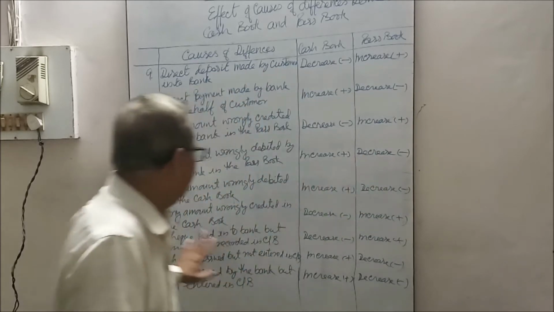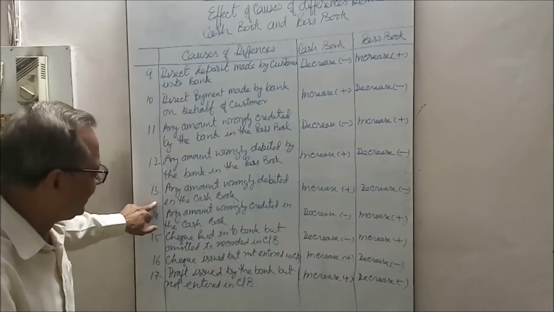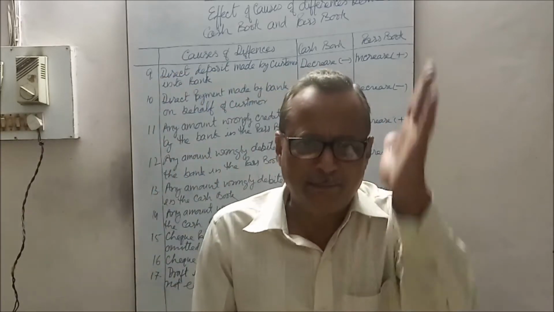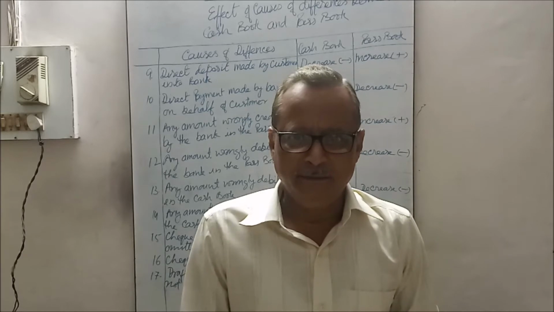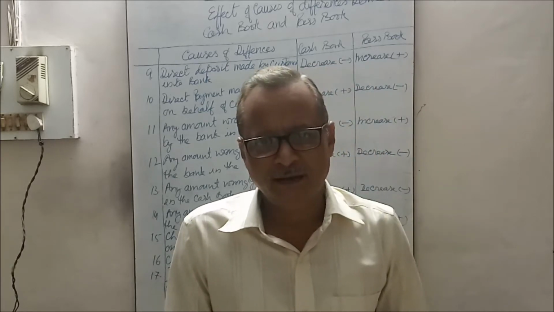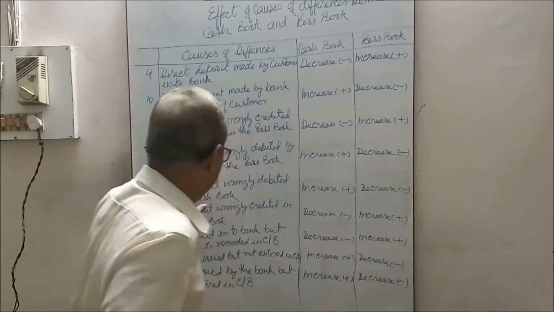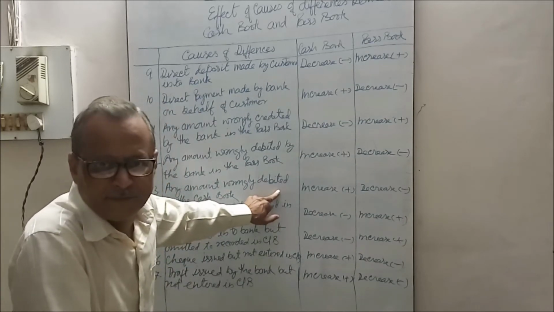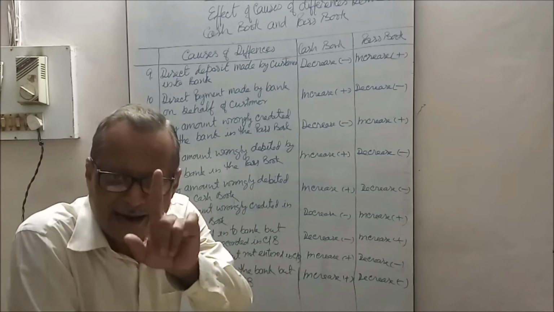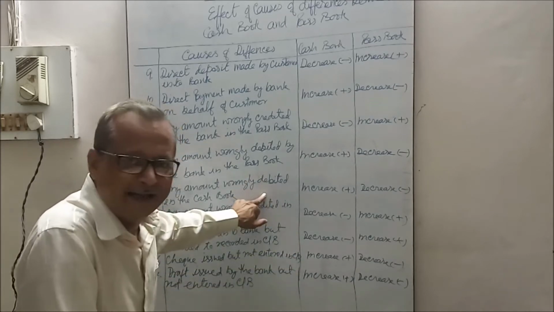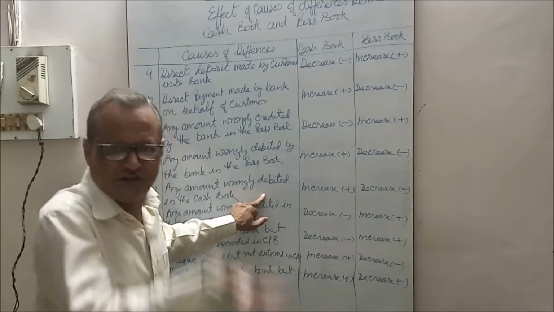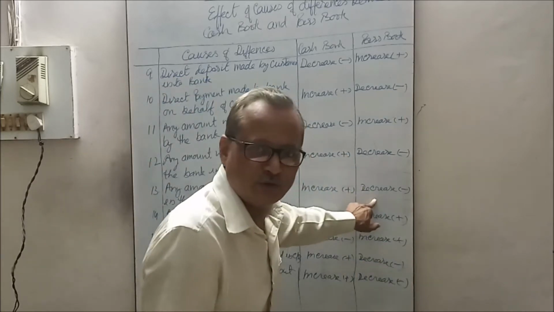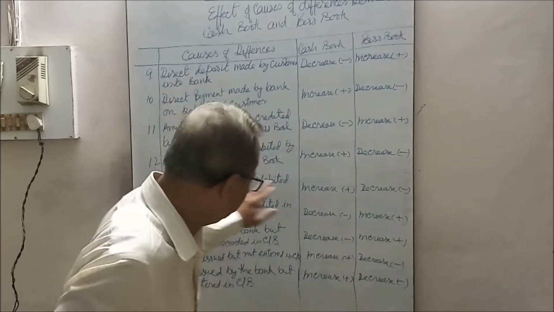See this. Now, any amount wrongly debited in the cash book. While recording, the business accountant made some mistakes. The item which should not be debited in the cash book is wrongly debited. Here cash book means the bank column of the cash book. That is debited, meaning the cash book is increased in comparison to the passbook, and the passbook is decreased in comparison to the cash book.